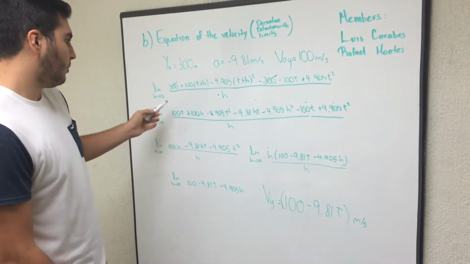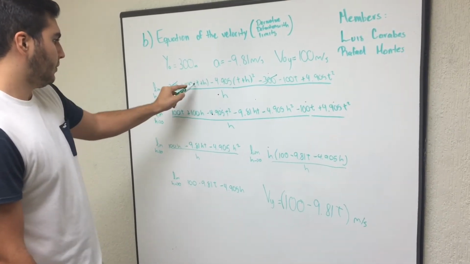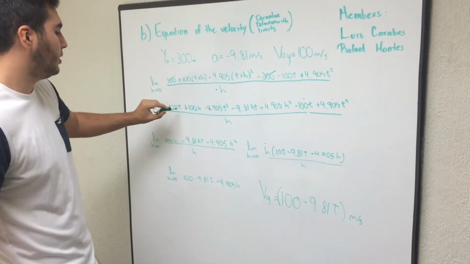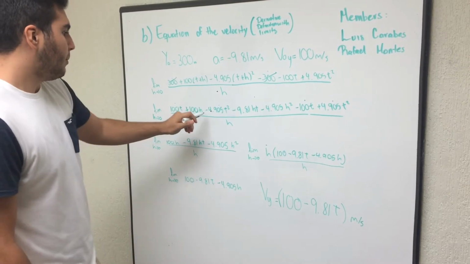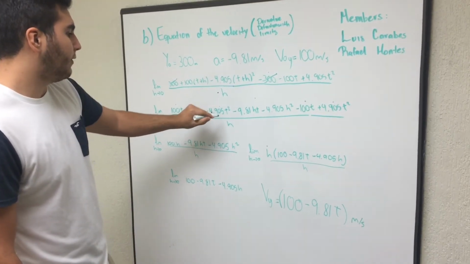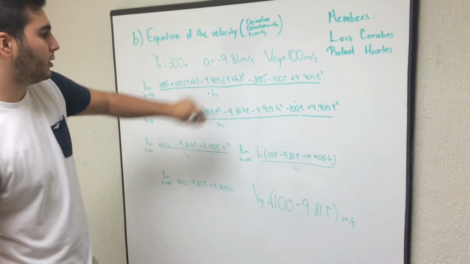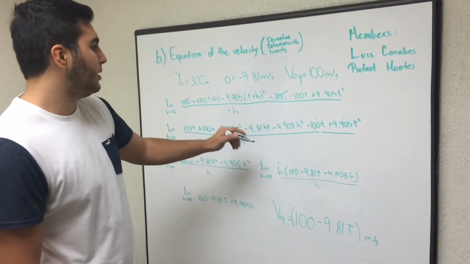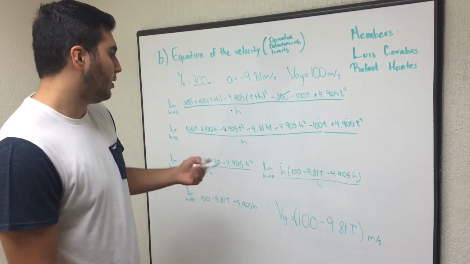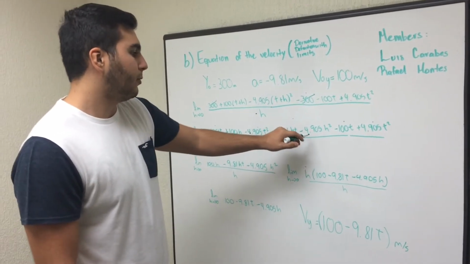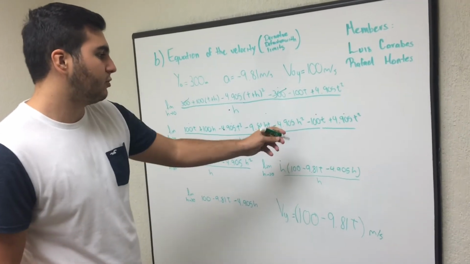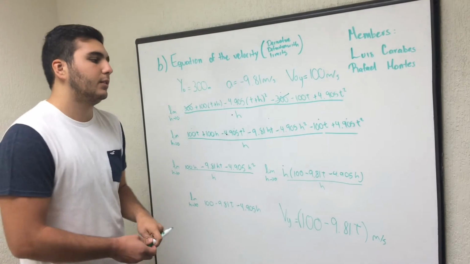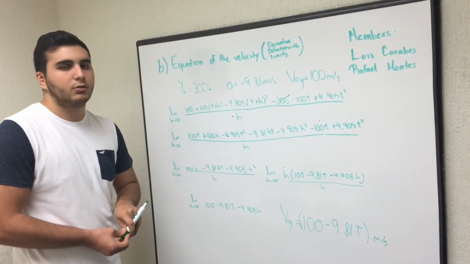So we have 100t, because it's 100 multiplying t and h, so 100t and 100h, minus 4.905 t squared because of this part, because it's squared, minus 9.81 ht because it's multiplying both, minus 4.905 h squared minus 100t and plus 4.905 t squared.